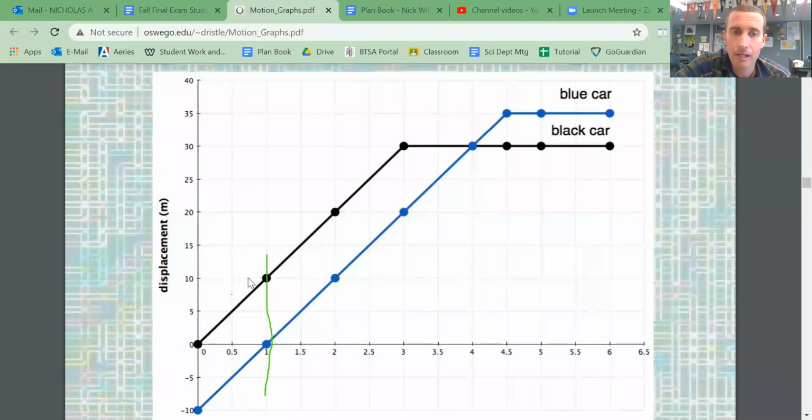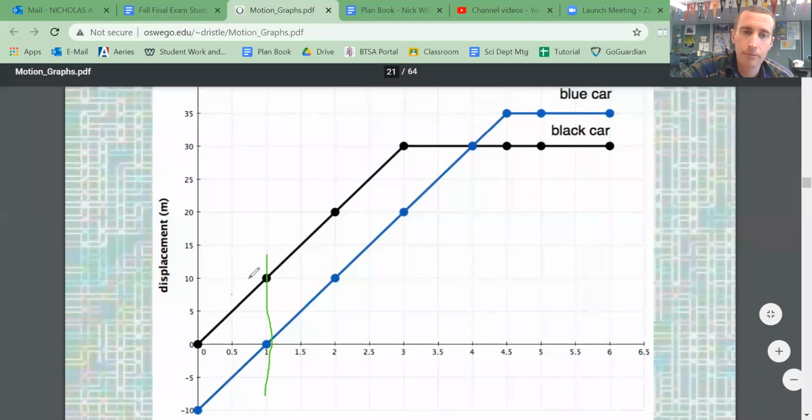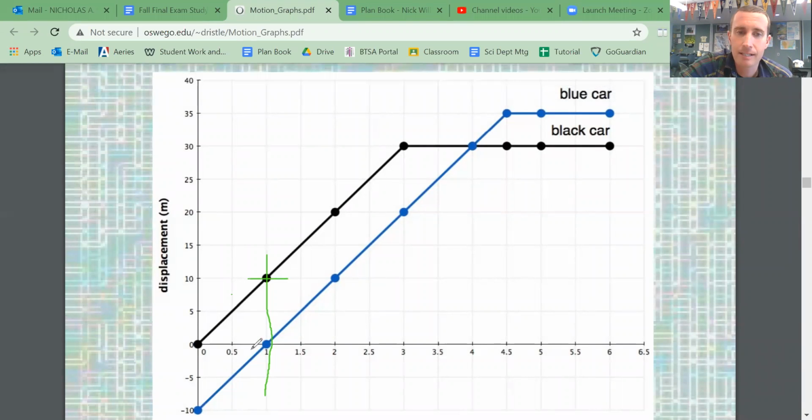It's up here, which is 10 meters ahead. That is 10 meters further along than there. And that's true here too. And here it was at 0 instead of at -10, which is still 10 meters ahead. So the black car is in the lead by 10 meters. And in the first second, both cars move forwards by 10 meters.